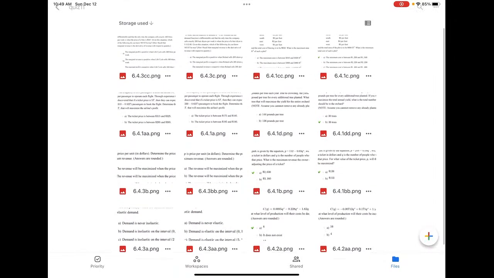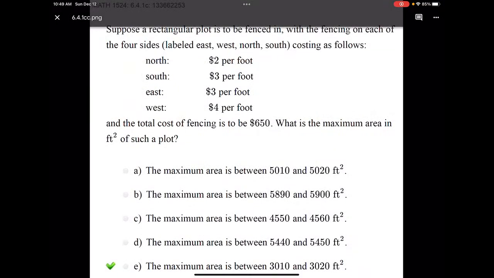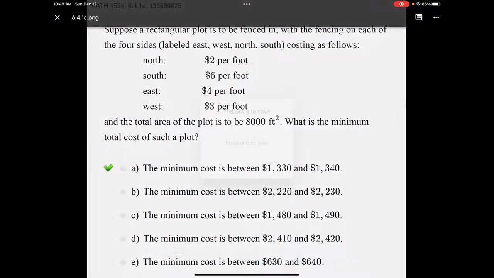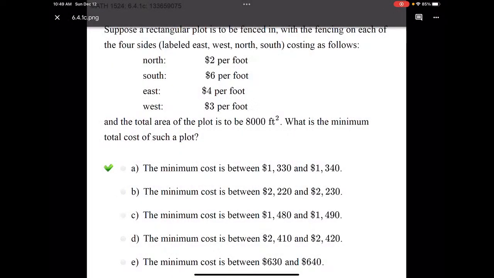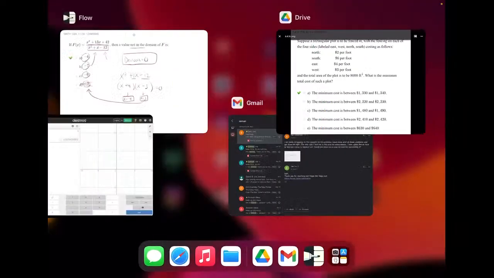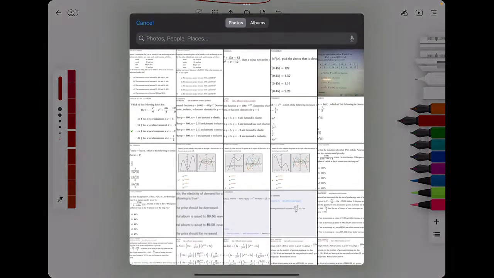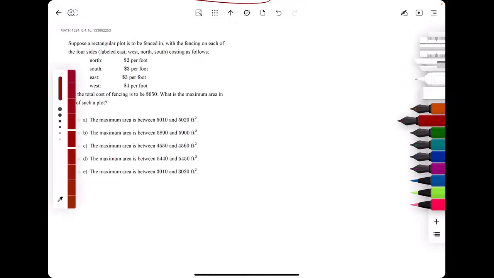So it was like the max area or the minimum cost problem, and then after that, we'll do the yield of trees problem, things like that. So this is from quiz 11, 641C.